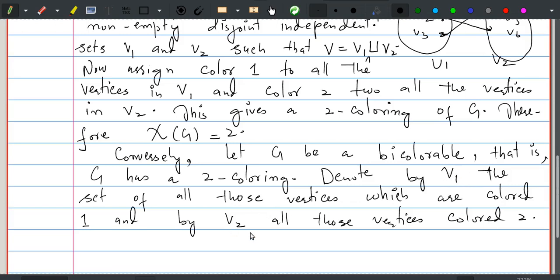Similarly V2 is also an independent set since it contains all vertices which are colored by 2. So G has a vertex set V which is partitioned into two subsets V1 and V2 which are independent.